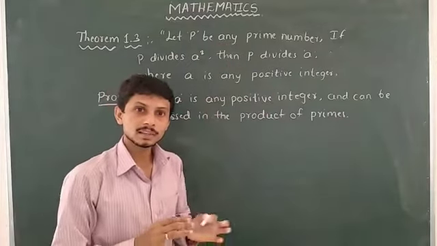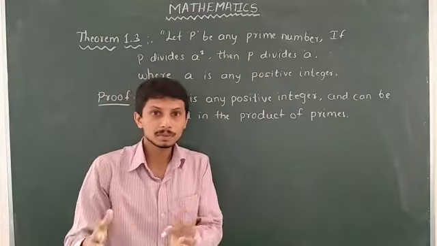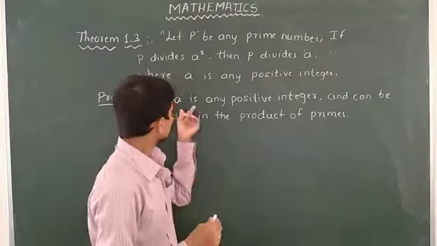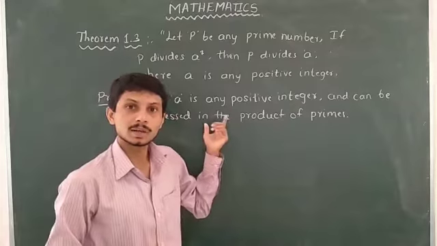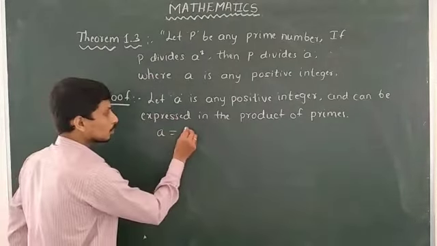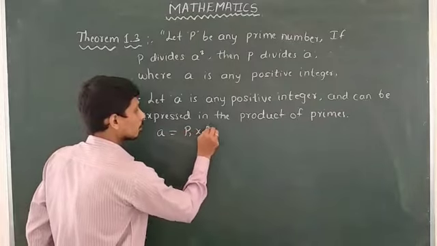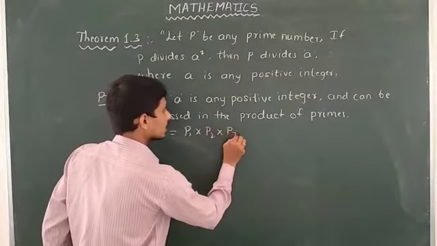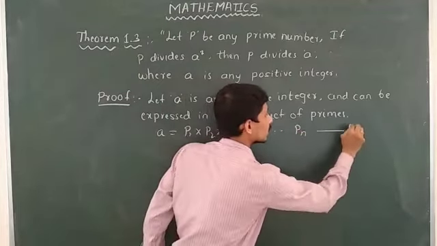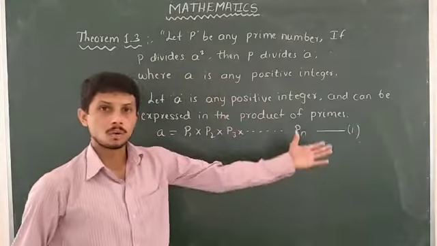So I will take P1, P2, P3, P4 and up to Pn as the product of primes for this composite number A. So let us express this. A is equal to P1 into P2 into P3 into so on up to Pn. Let us consider this as equation number 1.